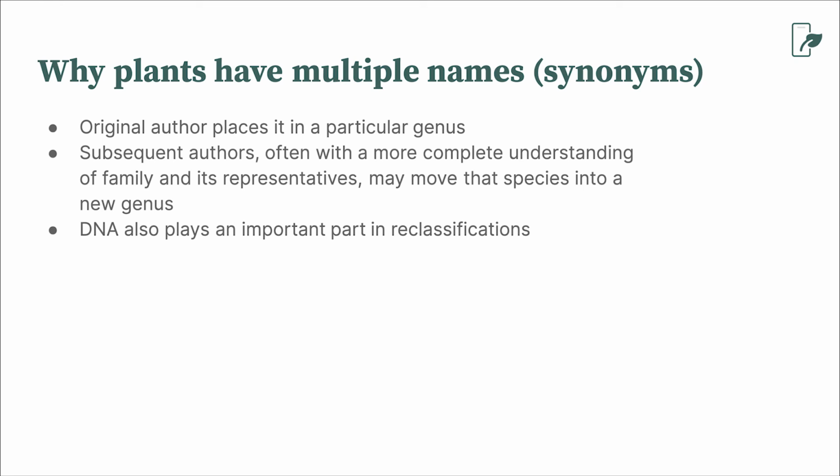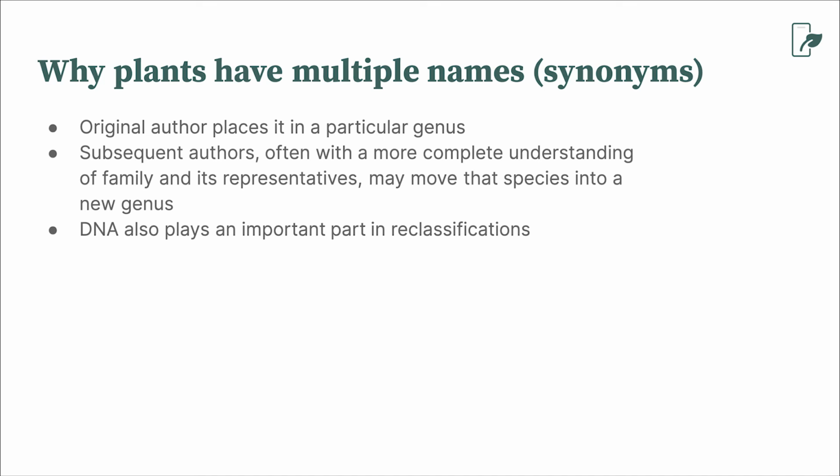So you can start to see conflicts almost in opinions of botanists, horticulturalists, and researchers. And that way, somebody else can come along and reassign that plant to a different species or a different genus. And historically, that was done a lot on physical characteristics, like the shape of leaves, the hairs, the shape of the flowers, etc.